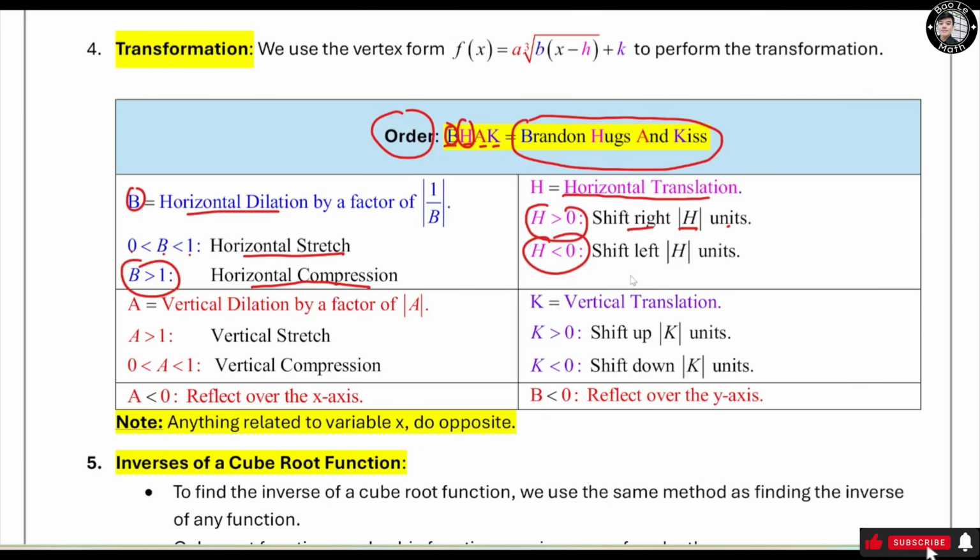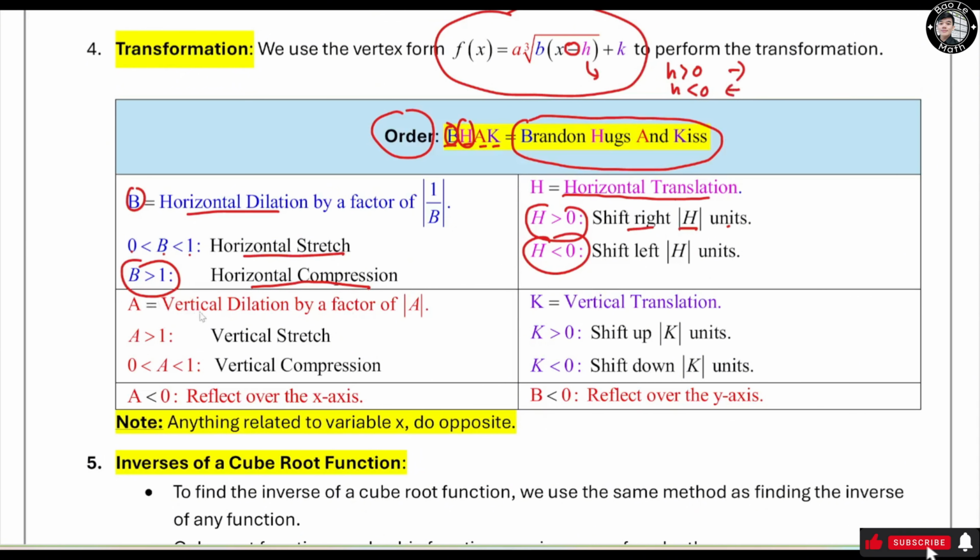If h is less than 0, shift left absolute value of h units. If you look at the formula, the subtraction sign is part of the formula. So in this situation, h greater than 0 is a shift to the right, and h less than 0 is a shift to the left, so keep that in mind.